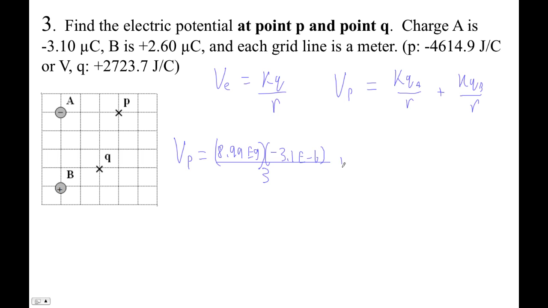Then plus 8.99 E9 times B, which is 2.6 E minus 6. And then we are 1, 2, 3, and 1, 2, 3, 4. That's 5. So 3 squared plus 4 squared, the square root of that. In this case, since R is not squared, the square root stays.